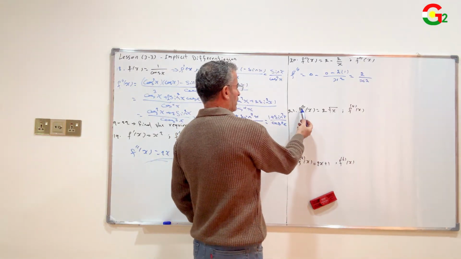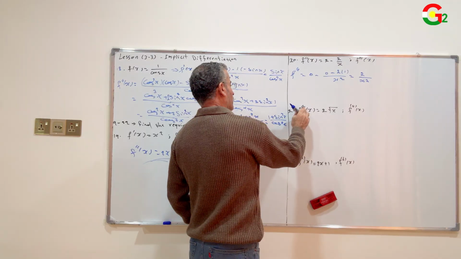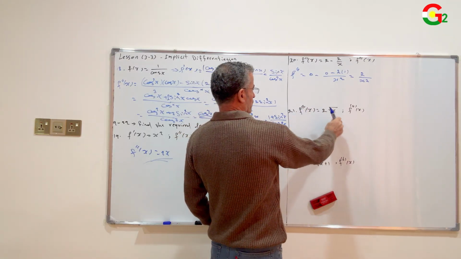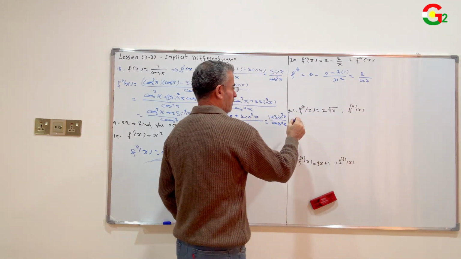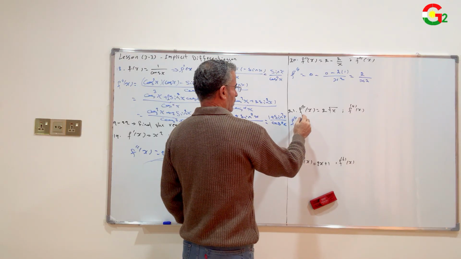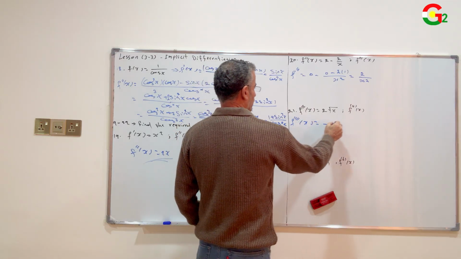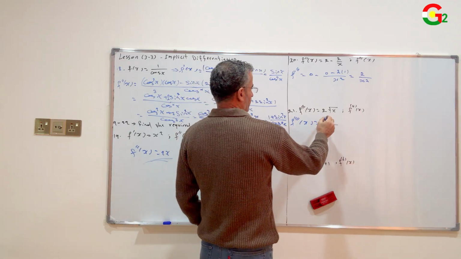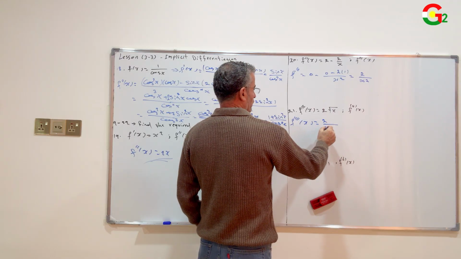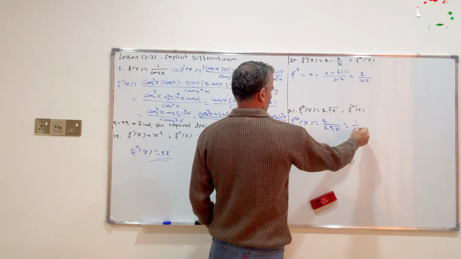Number 21. If the third derivative of x is 2 square root x, find the fourth derivative of x. Rewrite this: the fourth derivative of x equals 2 over 2 square root x, equal to 1 over square root x.